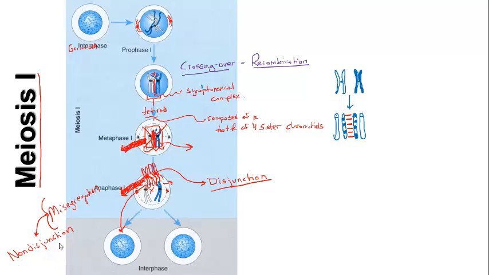So missegregation, meaning a failure for the chromosomes within the tetrad to split or segregate, results in an erroneous process known as non-disjunction.